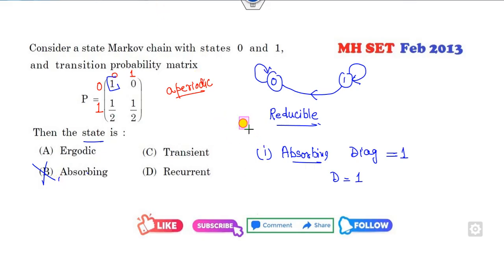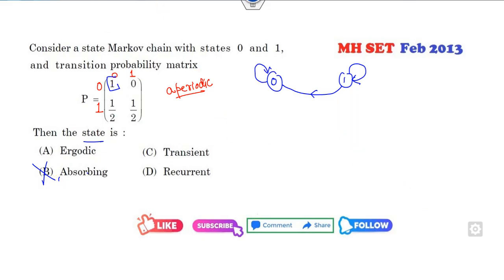Now, how can you check whether a state is transient or recurrent? Firstly, I will tell you the transient. Remember, this is a very simple shortcut trick. Always look at the column, and find the column which has only one value.